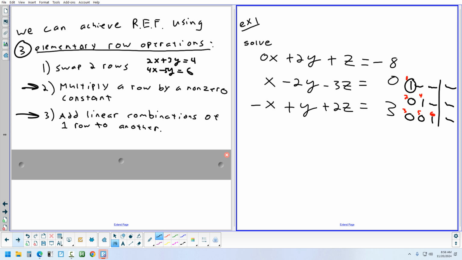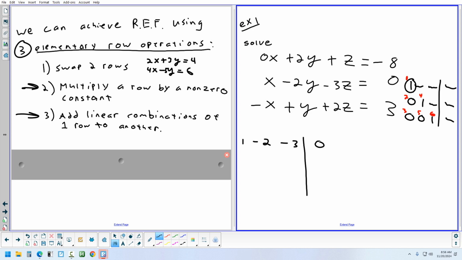So I'm not even going to write that as a step. I'm just going to do that as I write the original problem. Okay. So the first thing I'm going to do is write this down as a matrix. So I'm going to take row 2, and I'm going to put it in the top. So I'm going to have 1, -2, -3, and 0. It's going to be my top row.